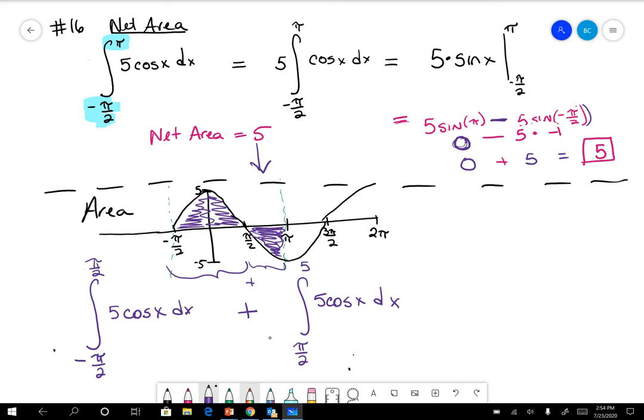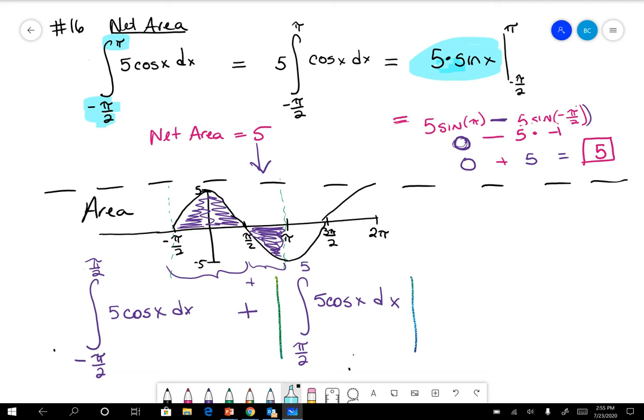And technically, I'm getting the absolute value of the second one, because we look at the graph and we can see that the answer is going to be negative. And so we do the absolute value of that. Now, since I've already done the integration, I'm running out of room here. I guess I could scroll up. But I've already done the integration. So remember, the integration is right here.